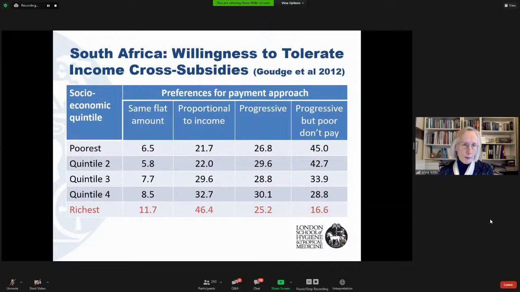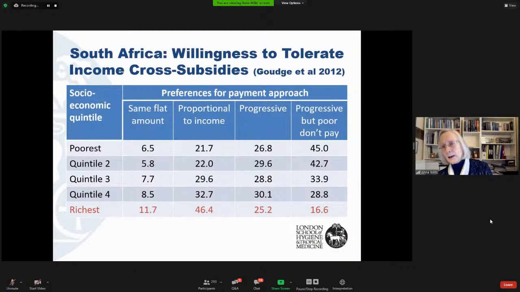And if you look at the richest quintile here, the bottom line, you'll see that their preference for a payment approach, almost half of them preferred payment for healthcare that would be proportional to income, a quarter payment that would be progressive, but only just over 15% would be willing in such an arrangement for the poor not to pay anything. And as you may expect, that was the poor's preferred arrangement.